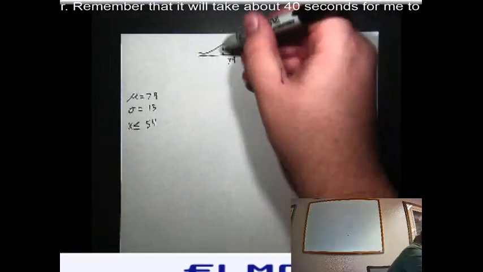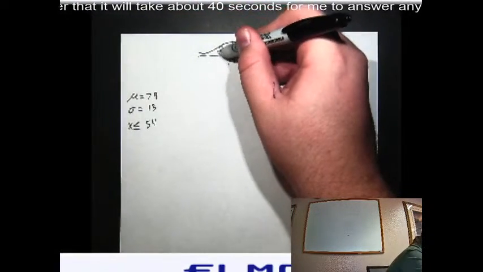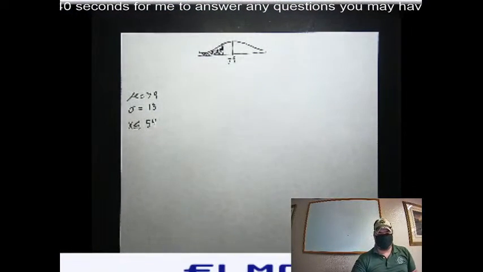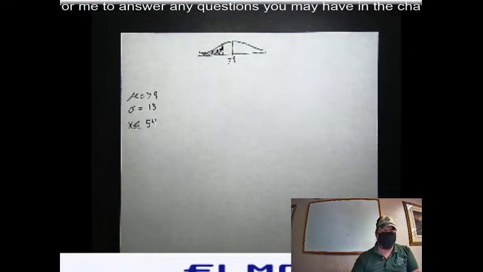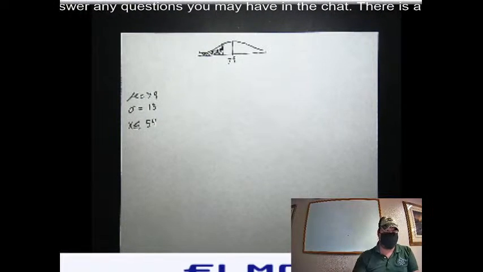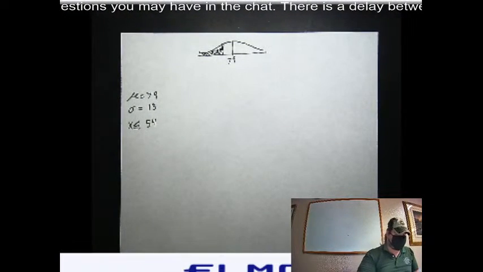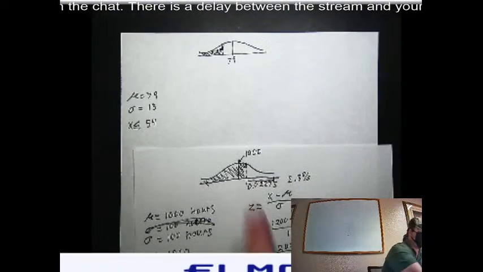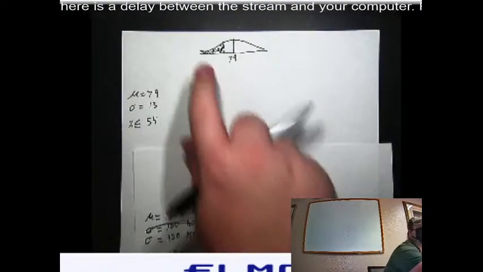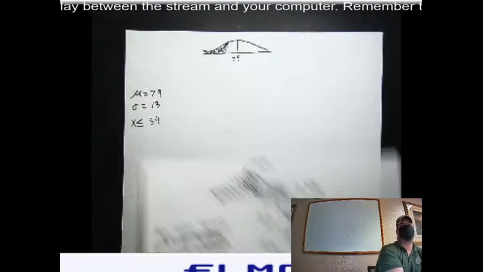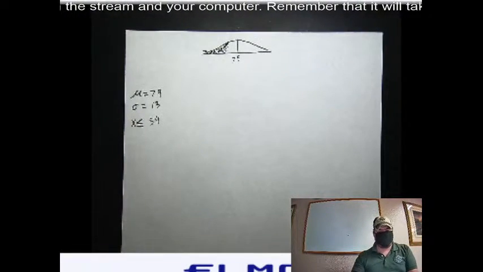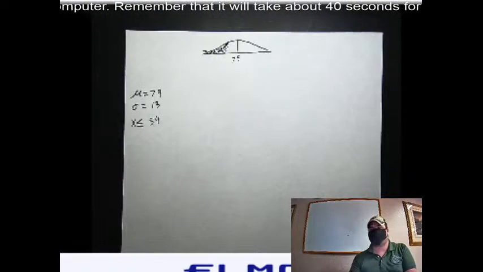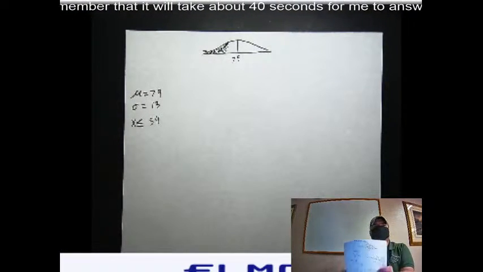That means we're still looking at the data behind that point. This is a lot more area than that is, isn't it? So we can expect that this is probably going to be a smaller probability or a smaller percent.